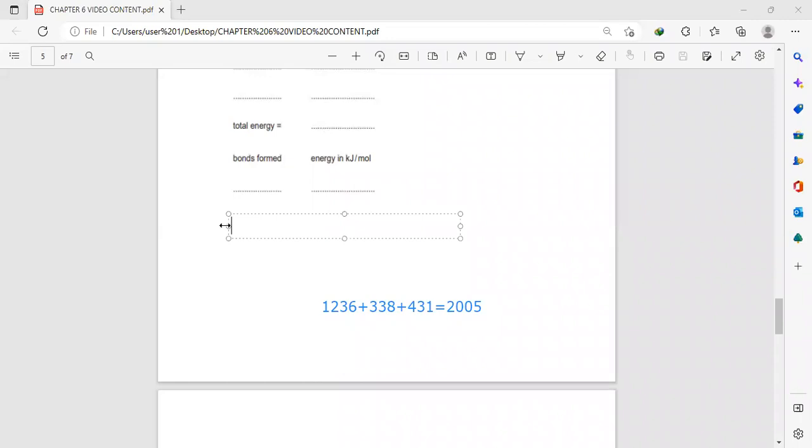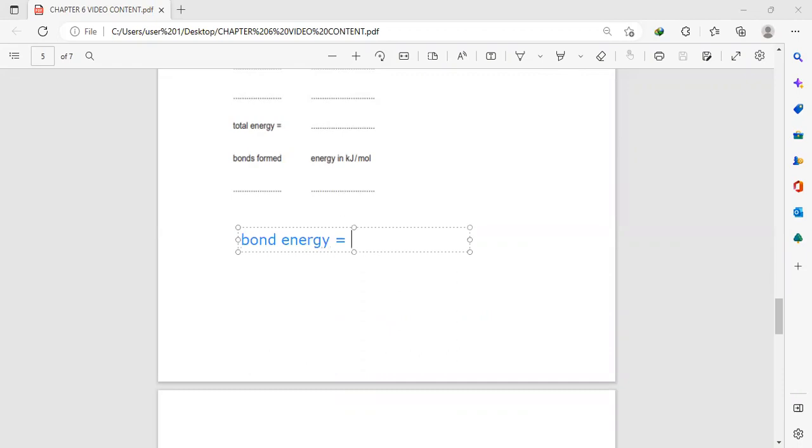Now we are calculating bond energy. Bond energy is equal to bond breaking minus bond making.